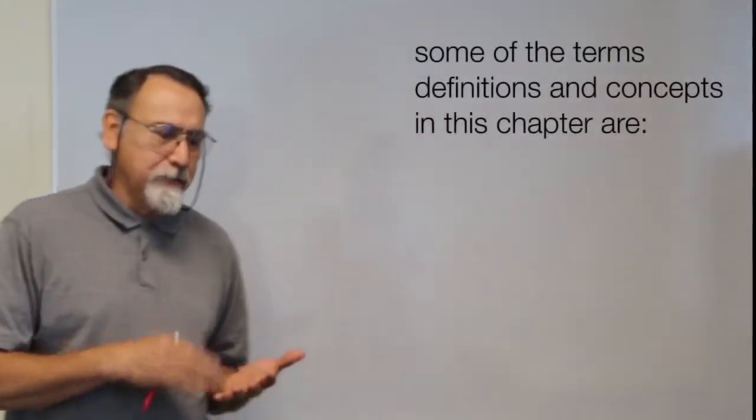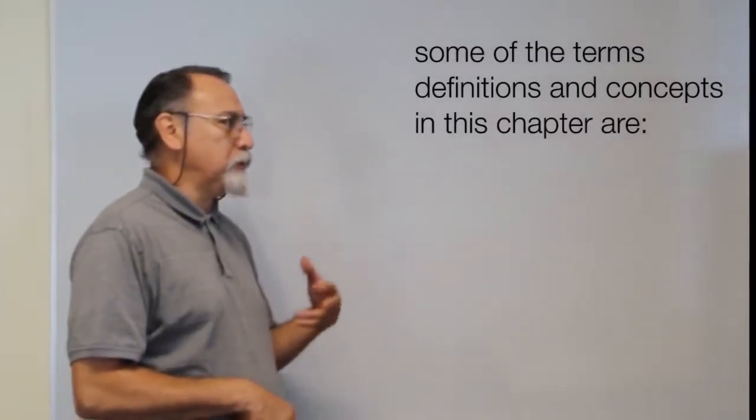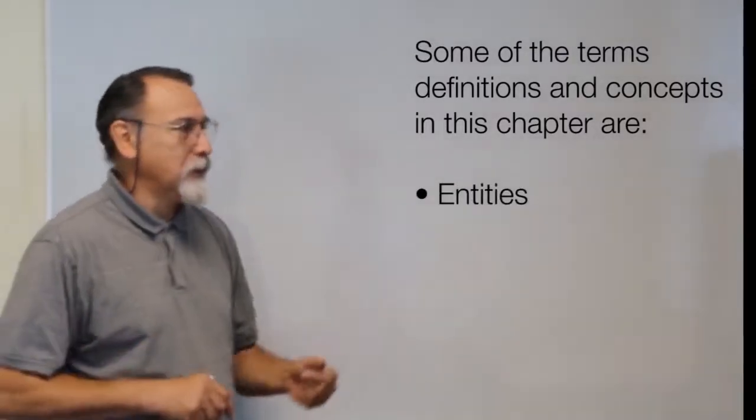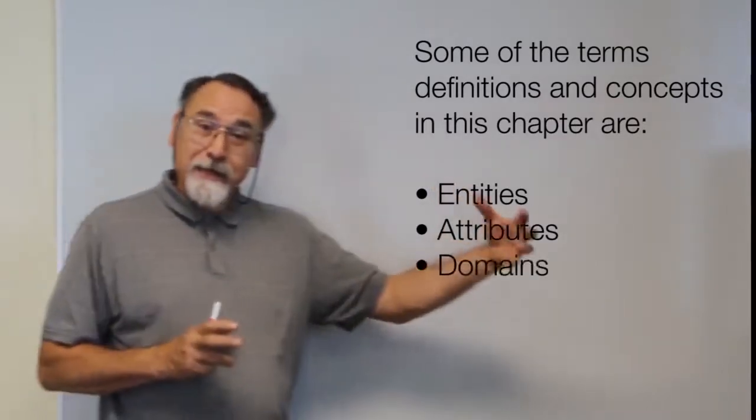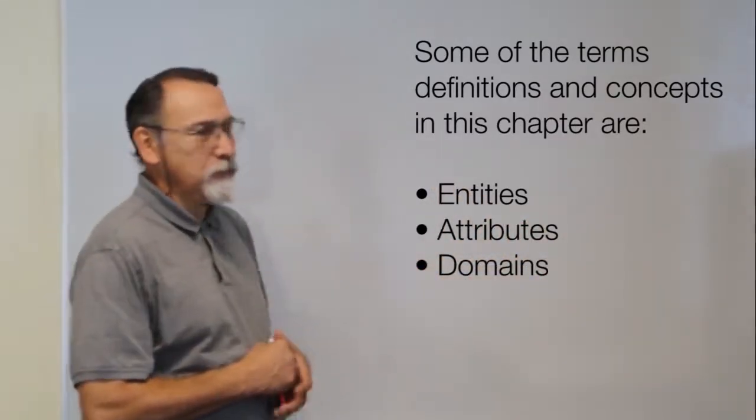Now, as in any process, when you begin with new ideas, this chapter will have new terms, definitions, and concepts. To deal with terms, definitions, and concepts, we'll be using entities, attributes, we'll be introducing domains, and we'll be using identifiers.